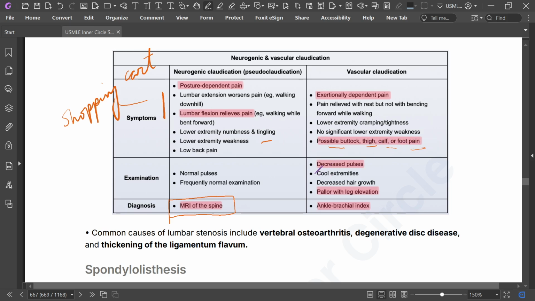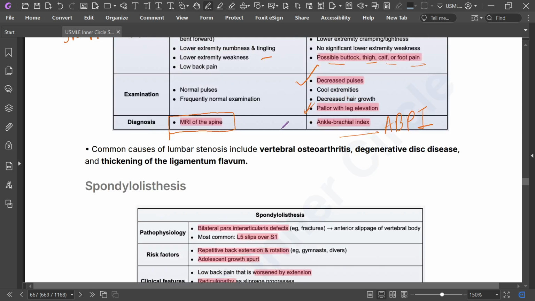On examination, there is a diminished pulse, cool extremity, decreased hair growth, and pallor with leg elevation. ABPI, the ankle brachial pressure index, should be used for diagnosis.